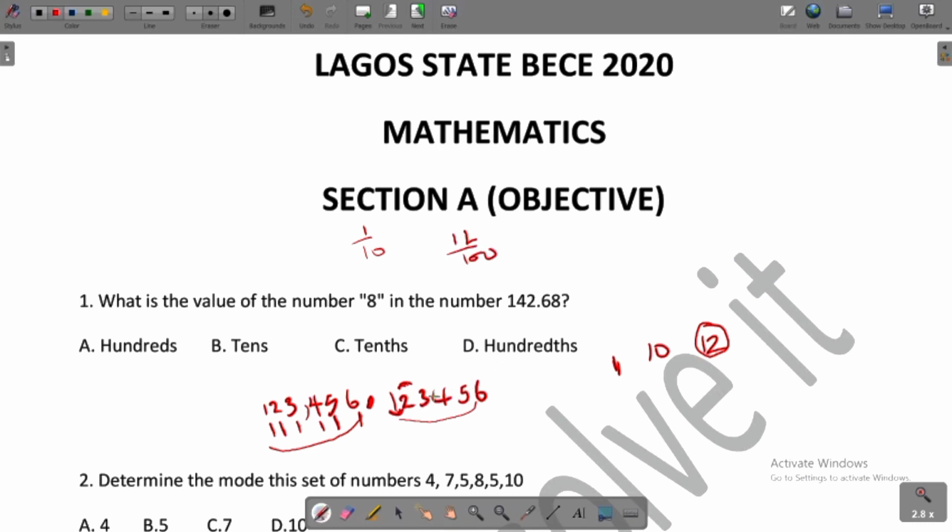If you have the third one, 1, 2, 3, this one will be your thousands, because what you have here is 1, 2, 3 over 1,000, and so on. So if we go back to our question, the place value of 8 here, this is our tens in this case, and these are hundreds. So the answer here will be D.